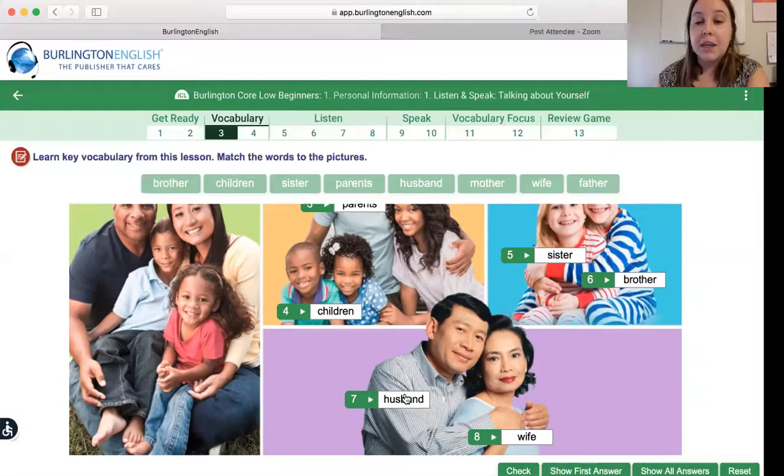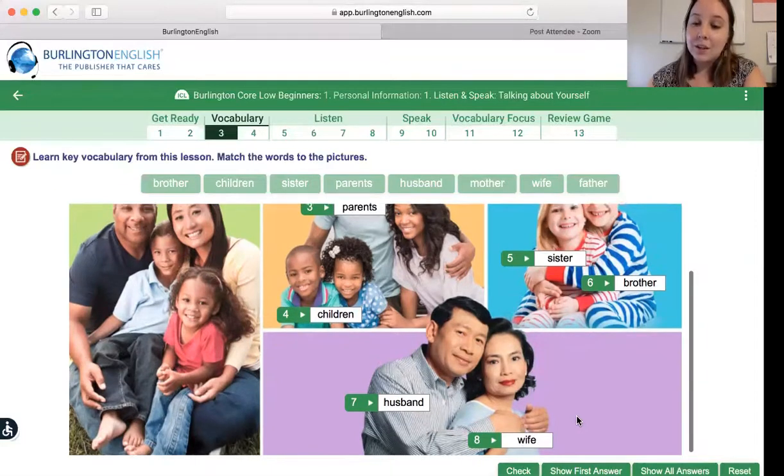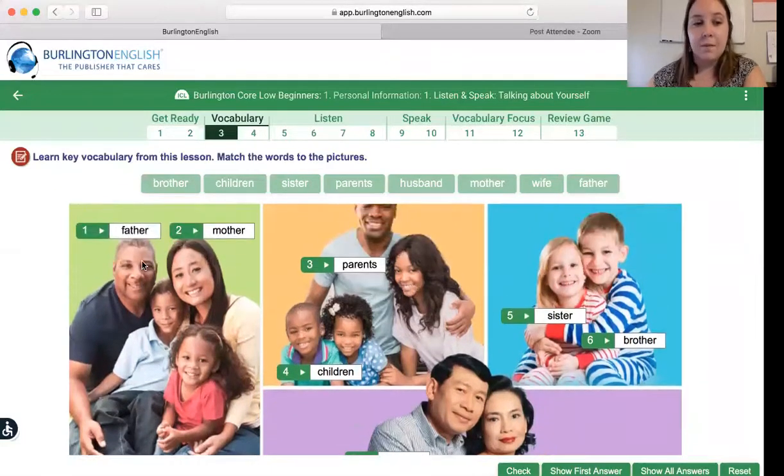So repeat after me. Husband, wife, husband, wife. Good. So think about your family. Do you have a father? Do you have a mother? Do you have parents?